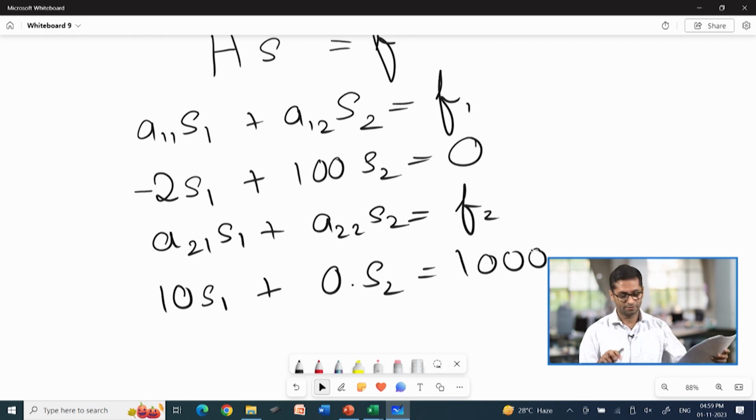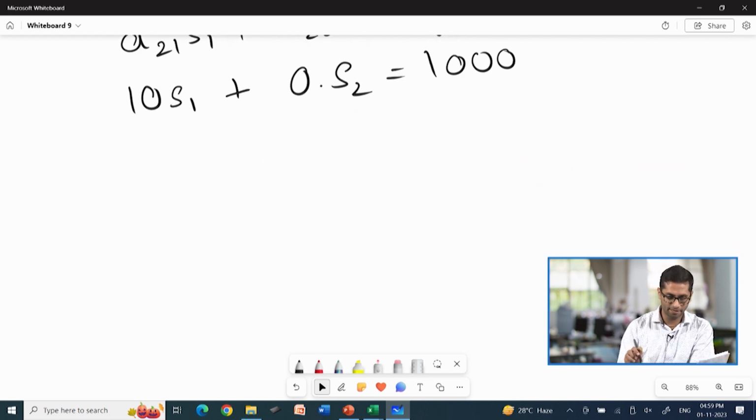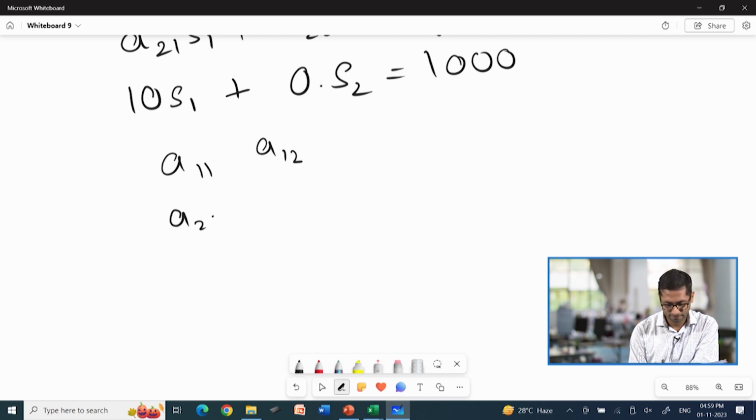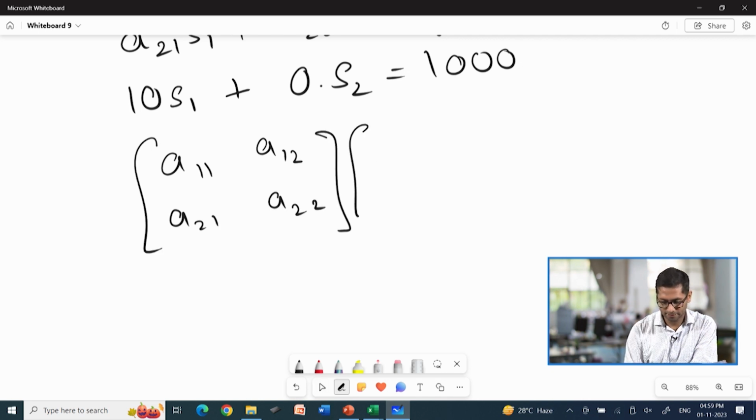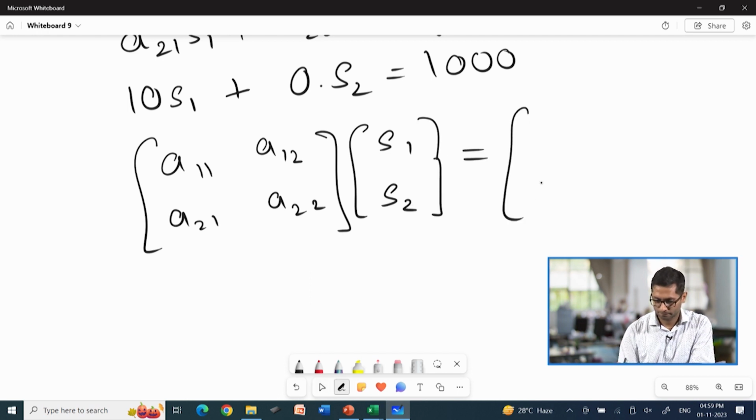We have just done it analytically, and we can also define this with the help of a matrix, the A matrix, which has the 4 elements and is a square matrix. Multiply that with the scaling factors S1 and S2, and finally leading to the function unit F1 and F2.